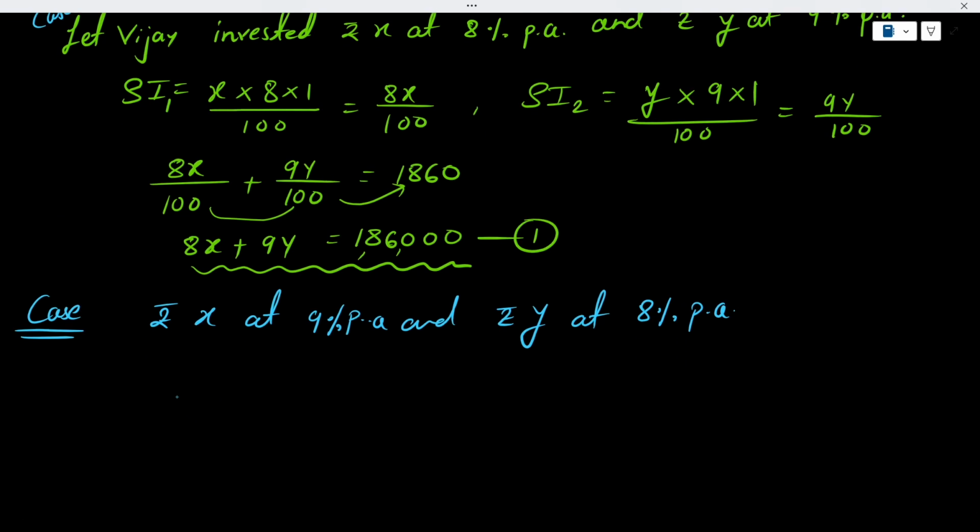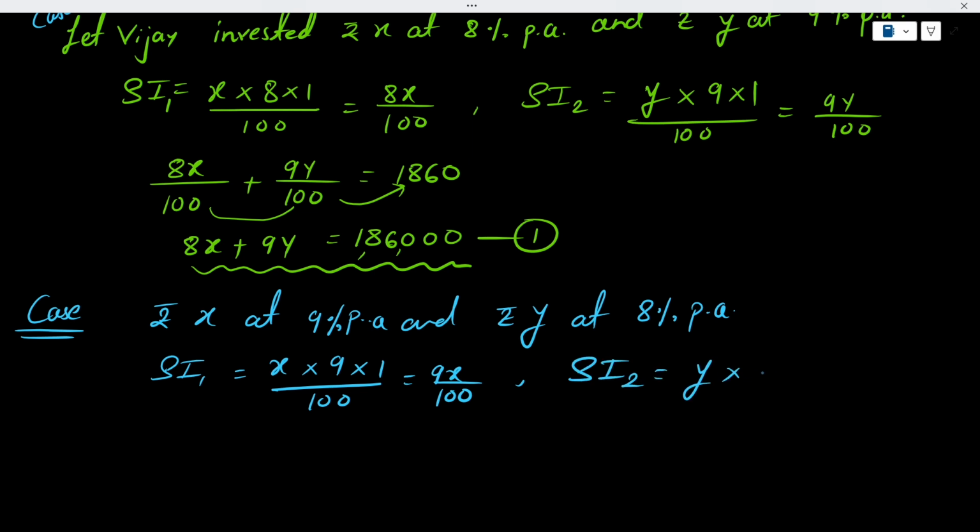So first, SI1 in this case will be X rupees at the rate of 9% for 1 year by 100, which is going to be 9x by 100. And the second interest that he'll be getting for investing Y rupees at the rate of 8% for 1 year by 100 is going to be 8y by 100.